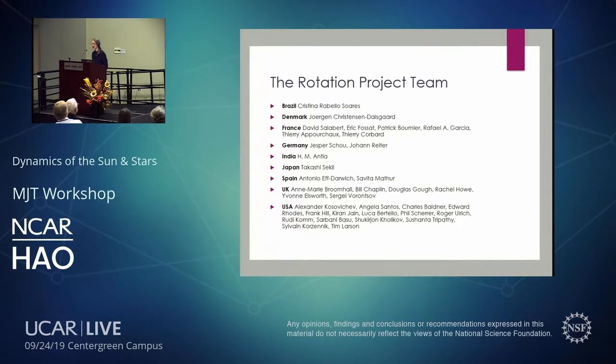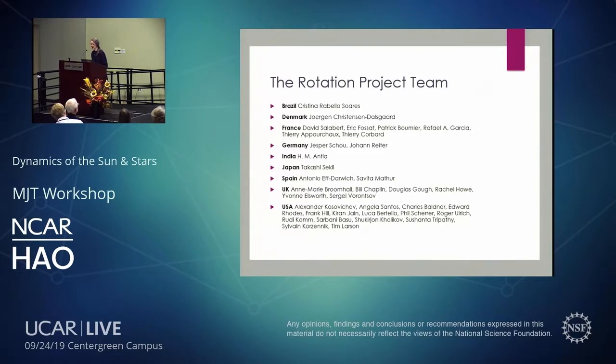We've identified a set of data that, at least for a first cut, we want to look at, which is 6,400 days of data from HMI, analysed by Sylvain Korzennik to give splittings just from that data as one thing. And we're trying our different inversion techniques on it.